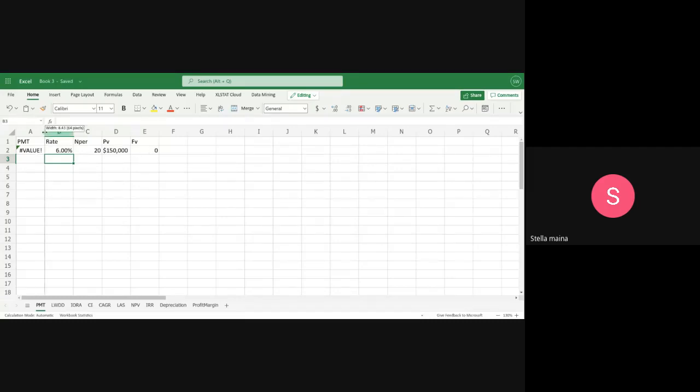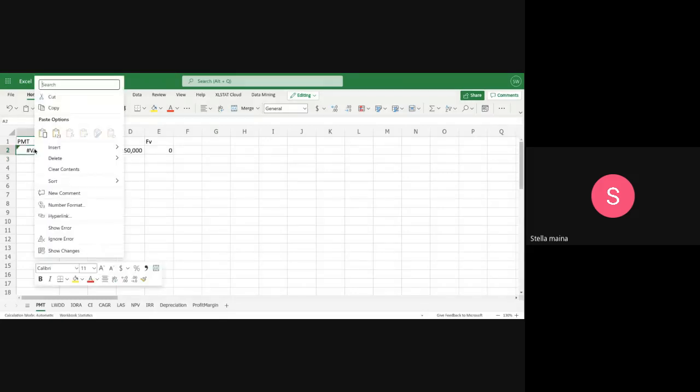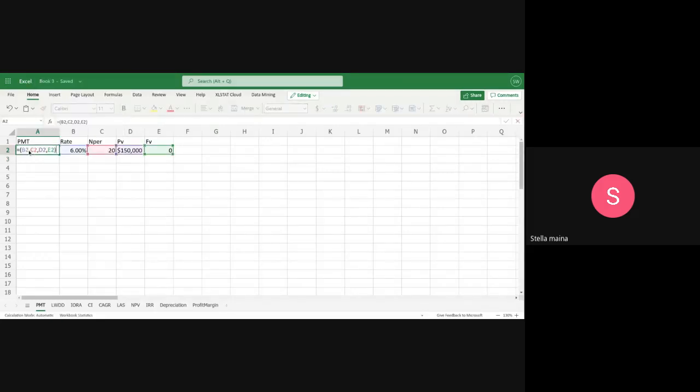Let us increase the width. Oh yeah, I didn't input the formula PMT. The formula is PMT. So the moment you input that formula, it automatically calculates for you.